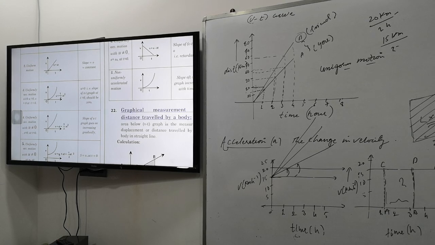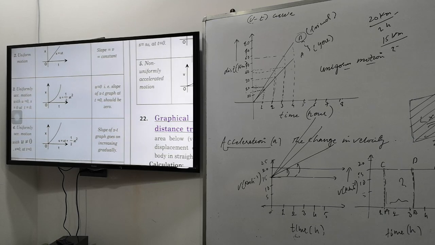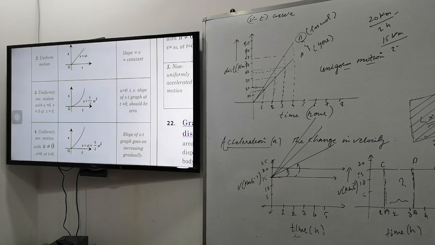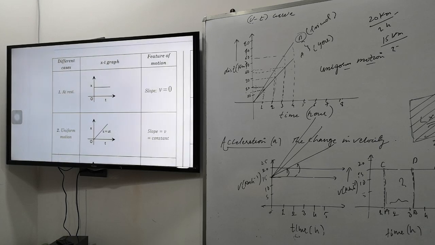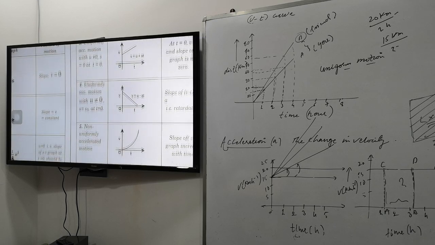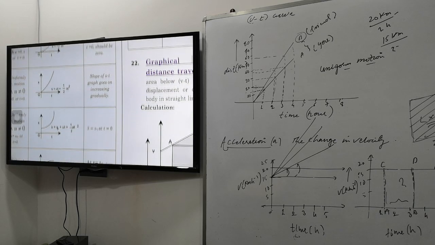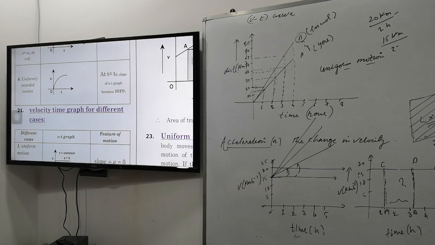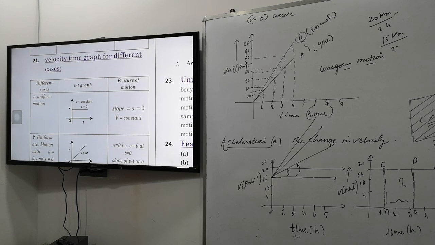What type of curve is the first? This is an XT curve, you may see. Next, the second one, these are XT curves. And next is the VT curve. Downwards there are also VT curves: velocity-time curves for different situations.